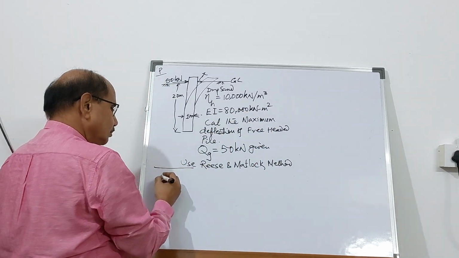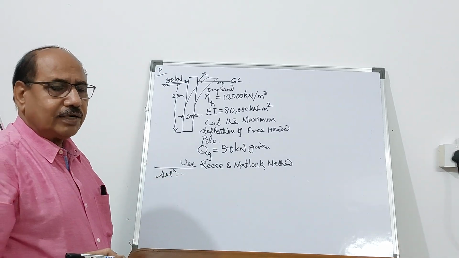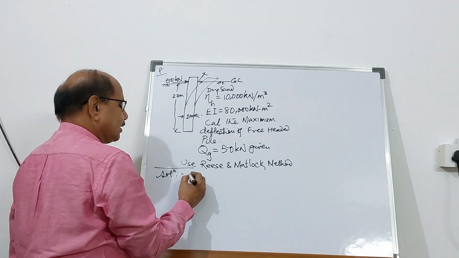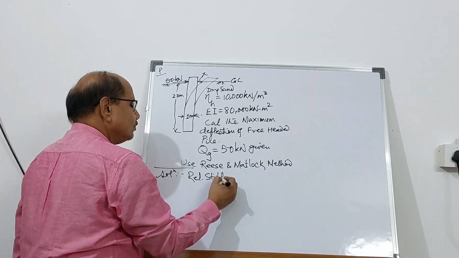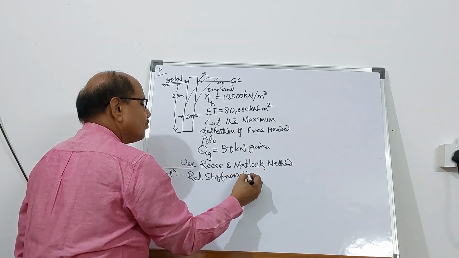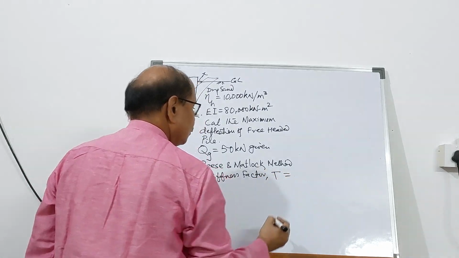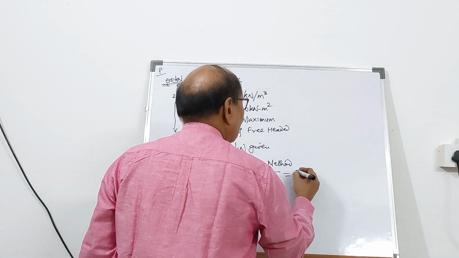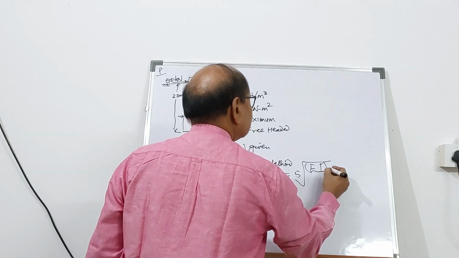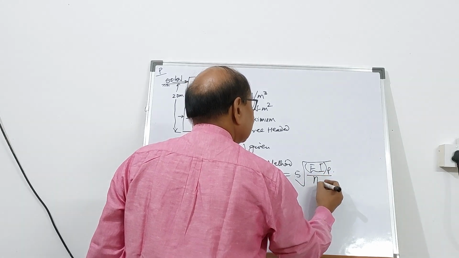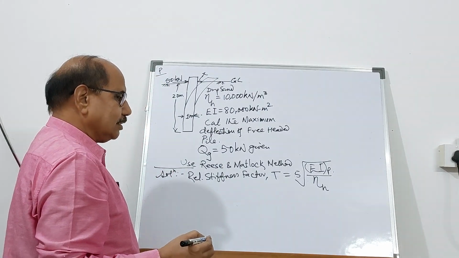So for this problem, first of all, let's calculate the relative stiffness factor, capital T, which is going to be the fifth root of EI of pipe material divided by horizontal subgrade modulus of the soil, eta h.